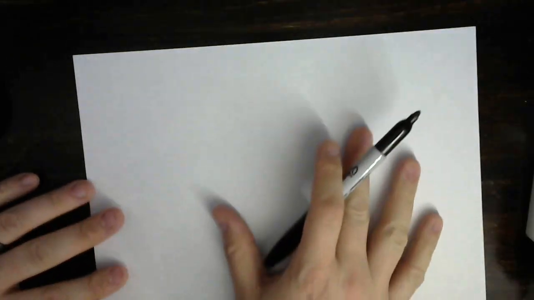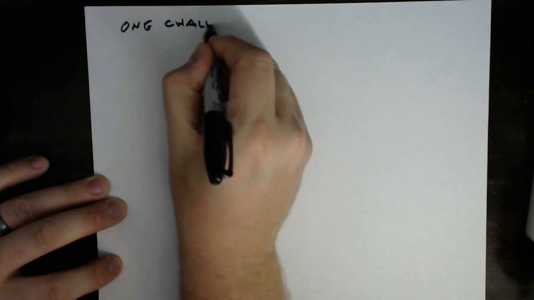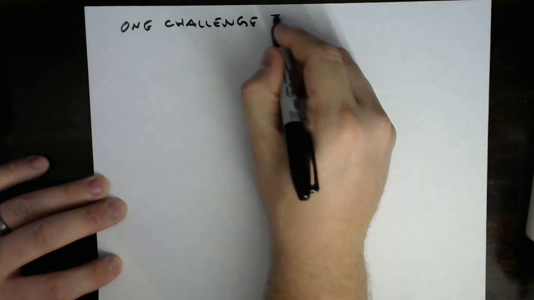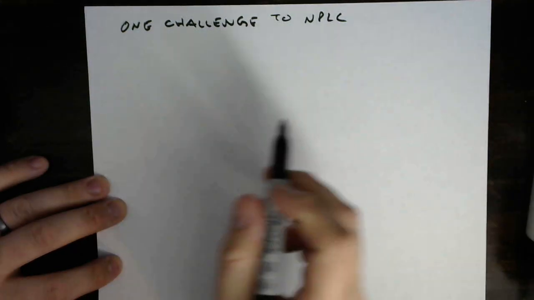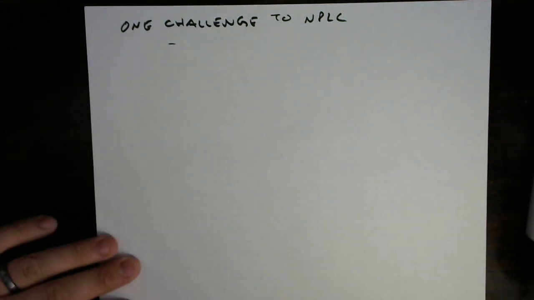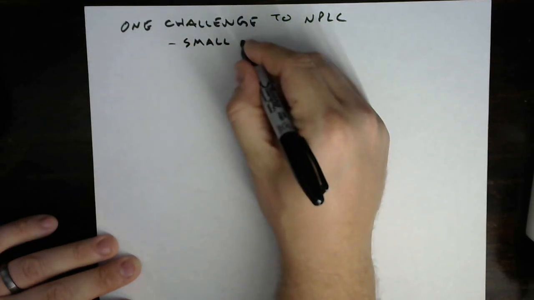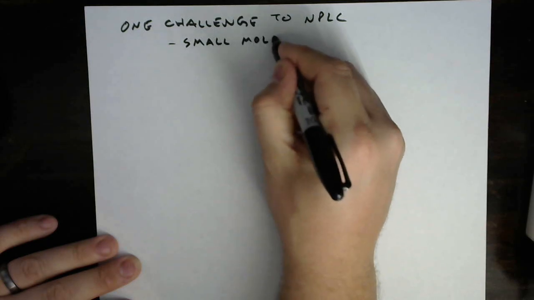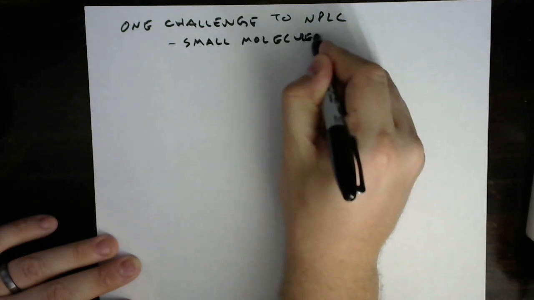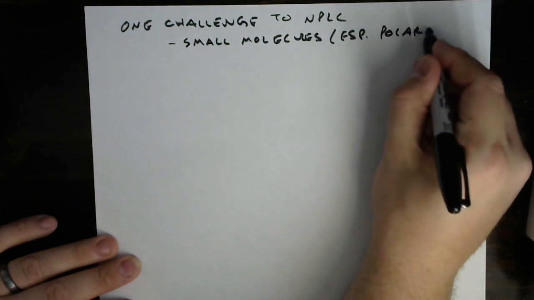One challenge we should talk about. One challenge to normal phase liquid chromatography is the ability to separate analytes that are small molecules in general, and especially small polar molecules.